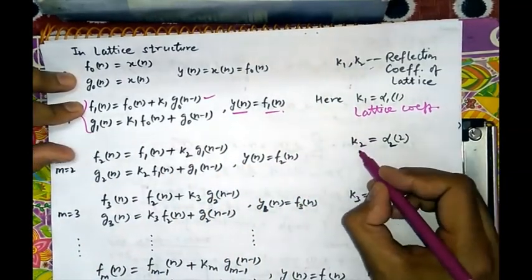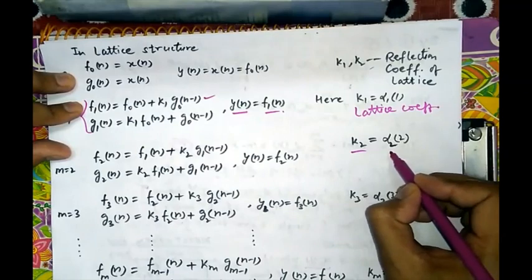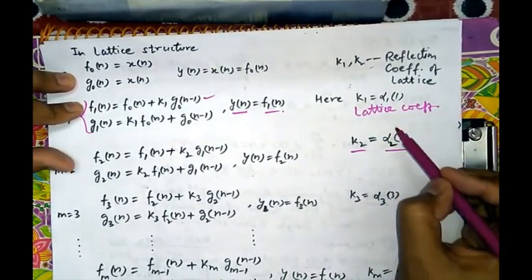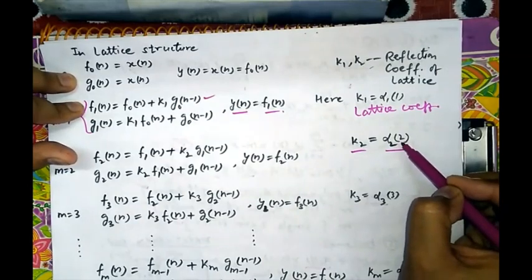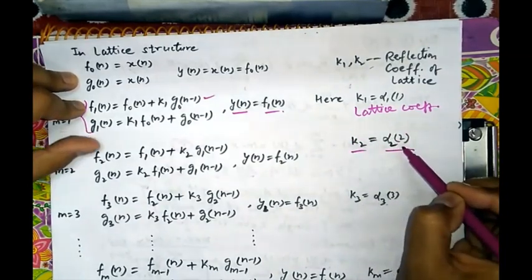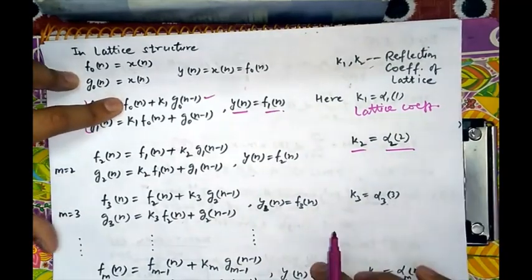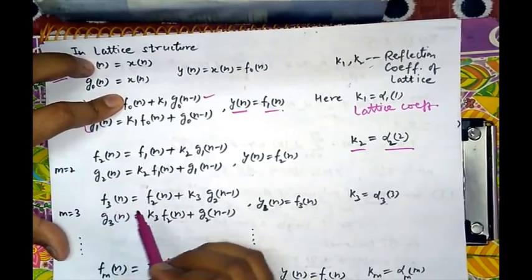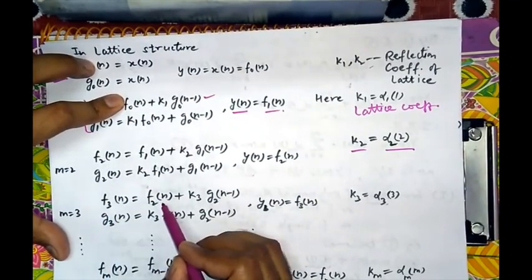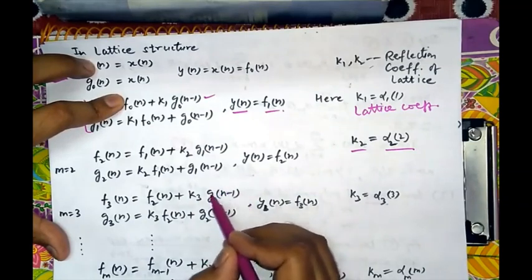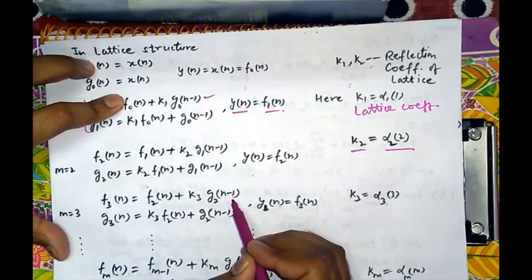Here k2 is equal to alpha(2,2), and k1 is equal to alpha(1,1), where alphas are filter coefficients and k's are lattice coefficients. This is the relation between filter coefficients and lattice coefficients. In the third order, again the same iteration: f3(n) is equal to the previous value f2(n) plus the lattice coefficient times the delayed value g2(n minus 1).